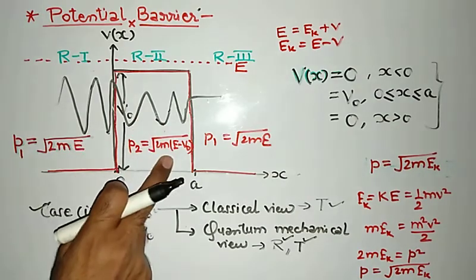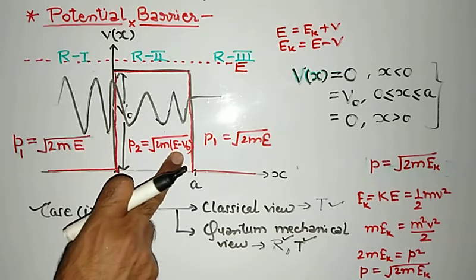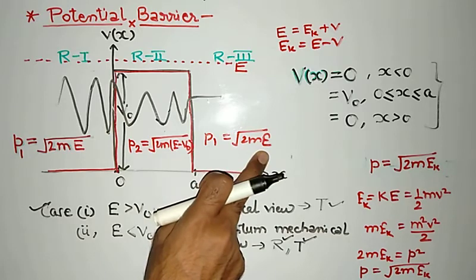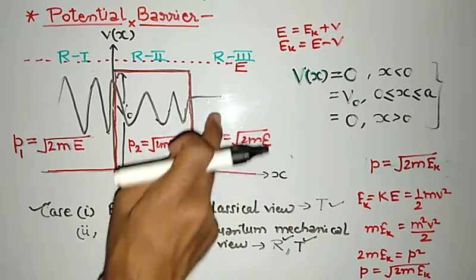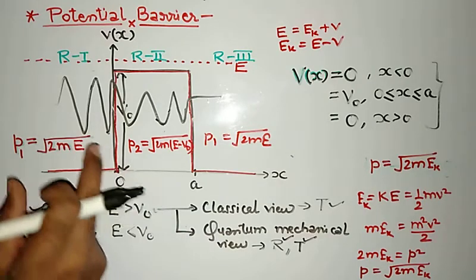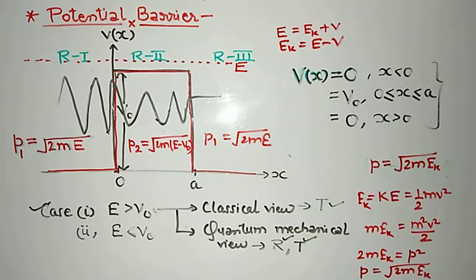And again, look, here kinetic energy is less, here kinetic energy is more, so again the particle will accelerate in the third region. Therefore we have amplitude variation due to change in kinetic energy, or we can say due to change in momentum.